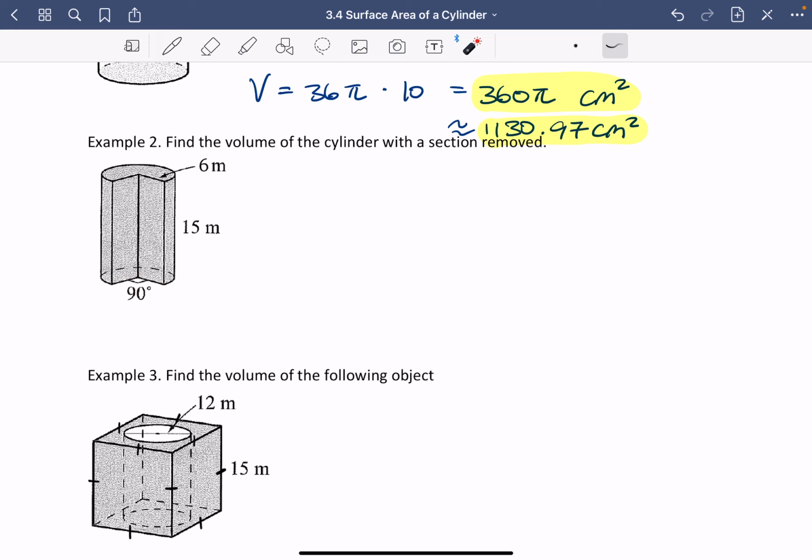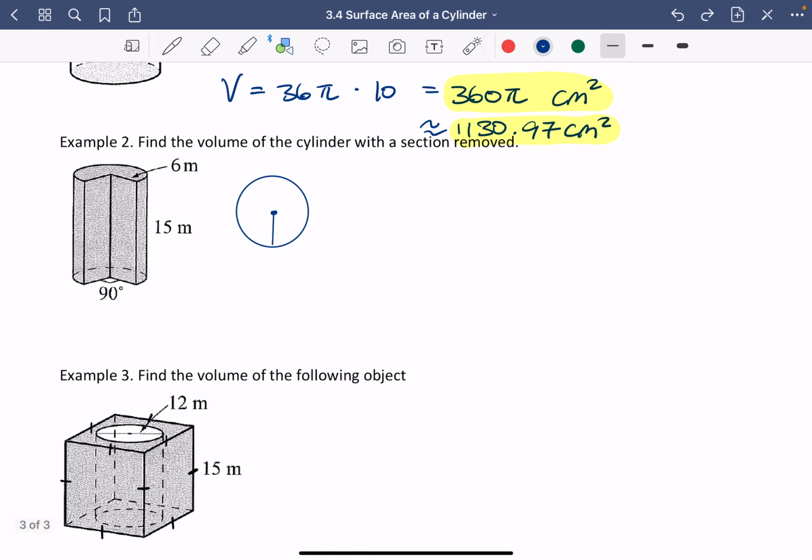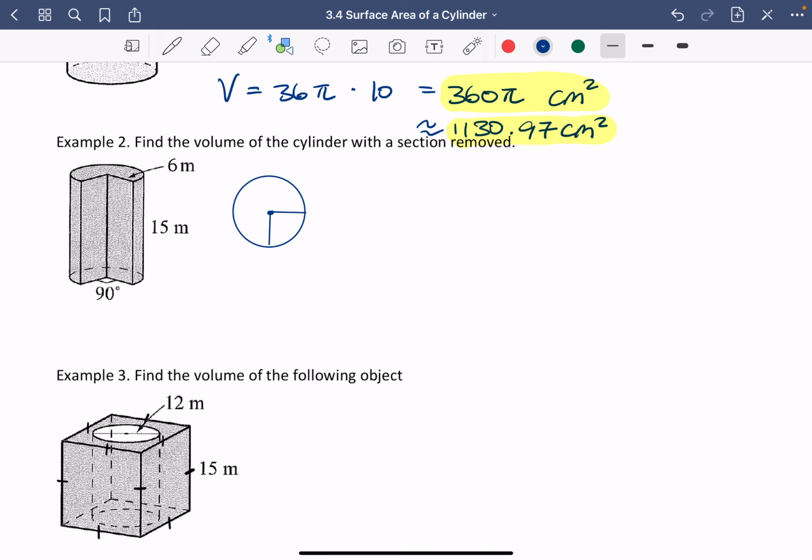So if you imagine the top view of this cylinder, it will look like a circle. Let's say this is the center. Okay, never mind.